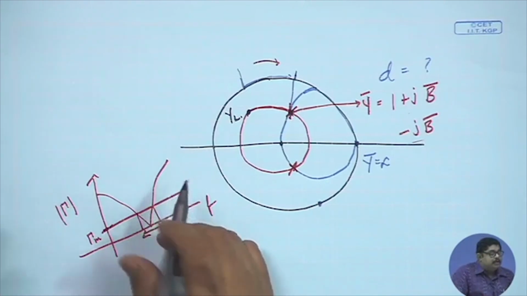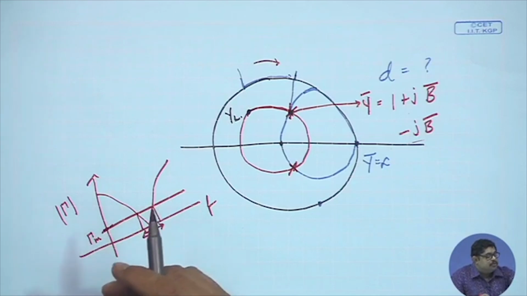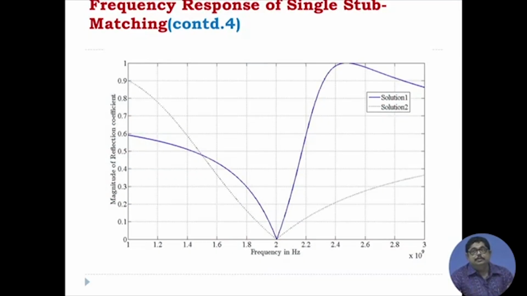Based on where you put your acceptable reflection coefficient, the bandwidth is different. Obviously, we prefer the wider bandwidth. So in this case, if we say 0.1 is our maximum tolerable reflection coefficient magnitude, obviously I will choose solution 2.